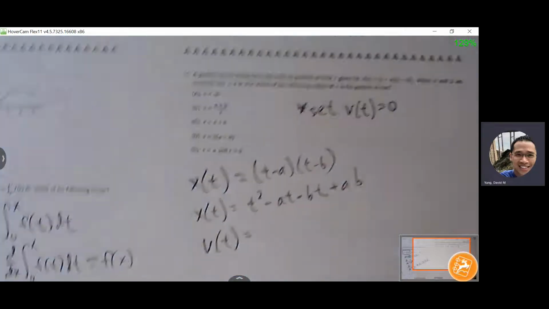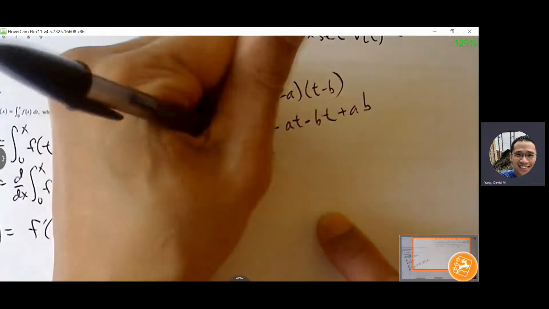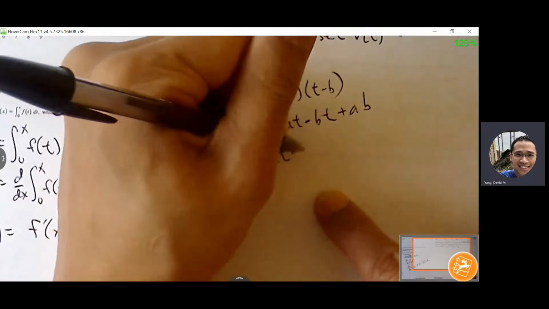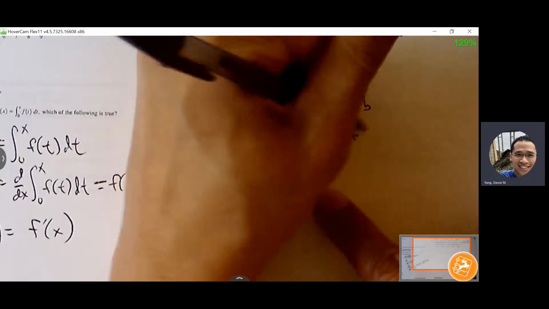Remember, A and B are just unknown constants, so we'll treat them like constants. t squared becomes 2t, At becomes A, Bt becomes B, AB goes to 0.